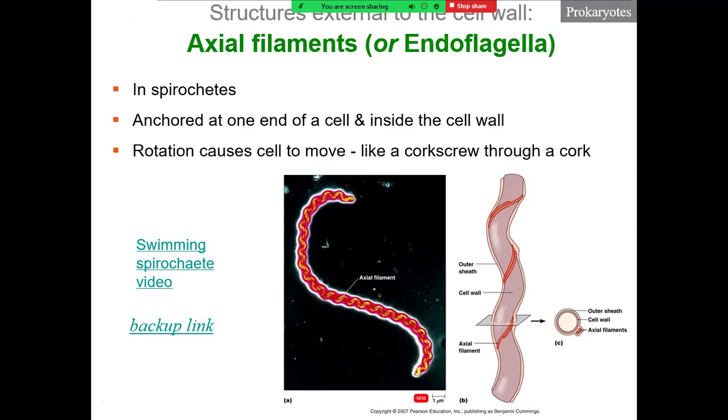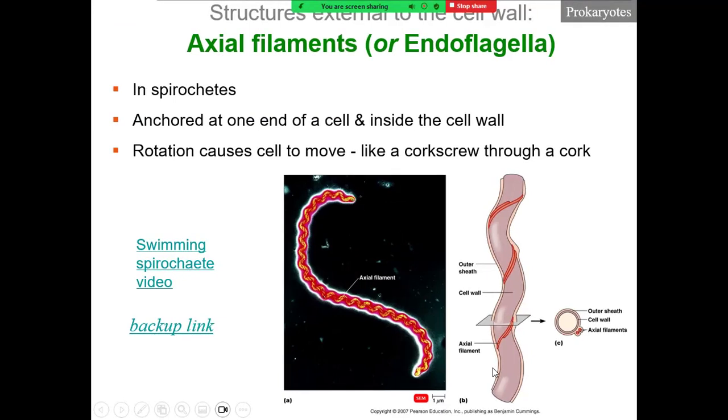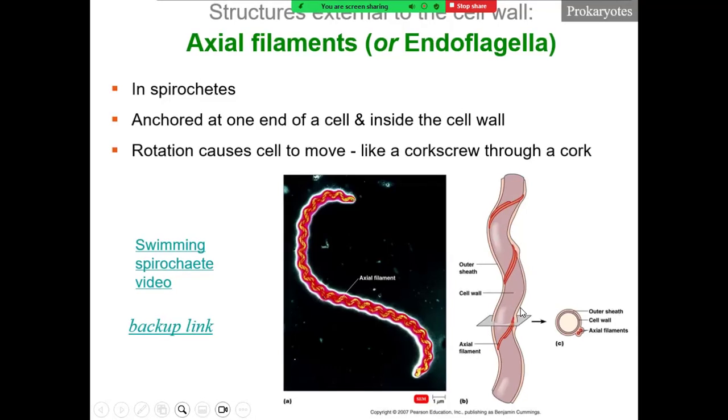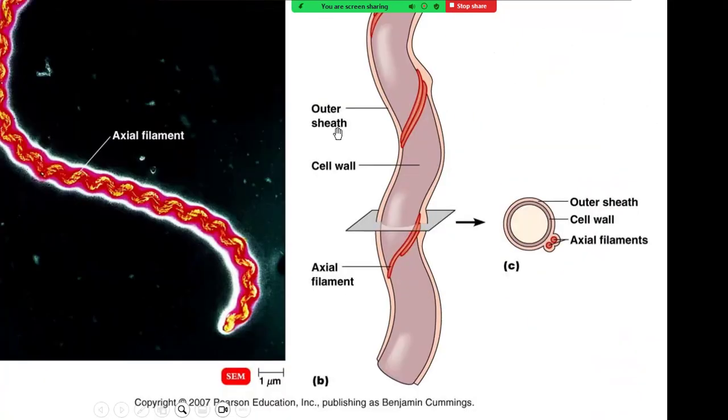All right, let's talk about the endoflagella. There are some cells which have endoflagella, also called axial filaments, and these cells are only spirochetes. This is a flagella which is anchored on one end of the cell and then wraps around the cell in this sort of fashion. Let me blow this way up. And we note that this flagella is inside the cell wall.